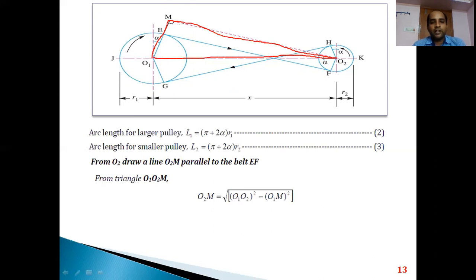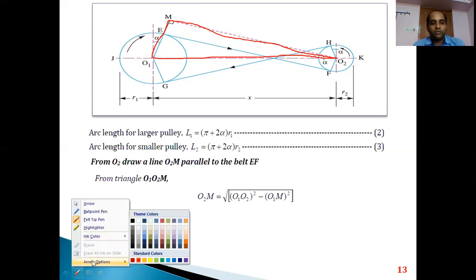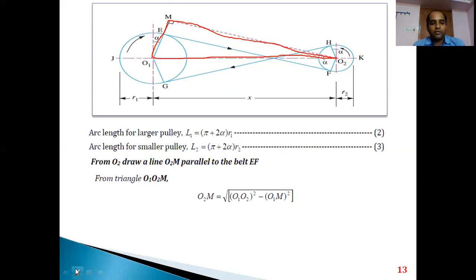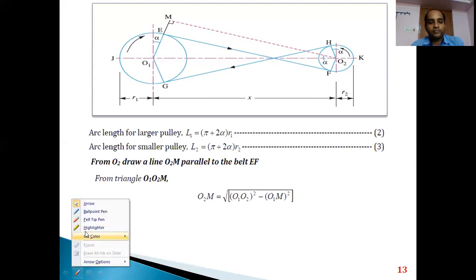In this right angled triangle, we need to calculate the length of this line, that is O2M. To calculate the value of O2M, we need to use our hypotenuse rule for the right angle triangles. So O2M, this is your hypotenuse right now, that is O1O2. So O2M is square root of O1O2 square minus O1M square.